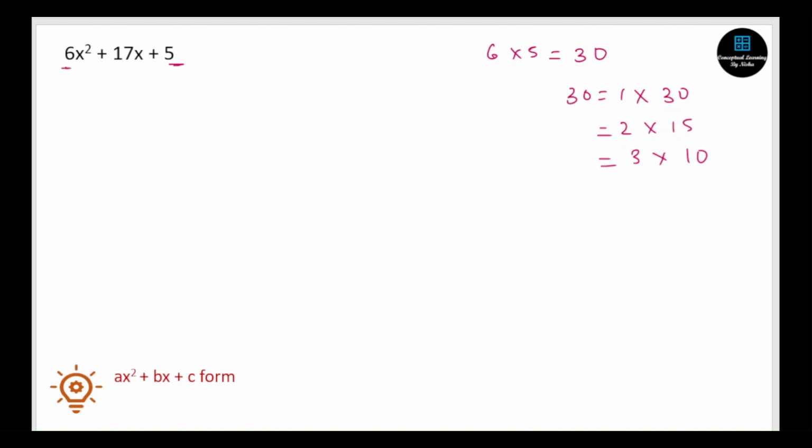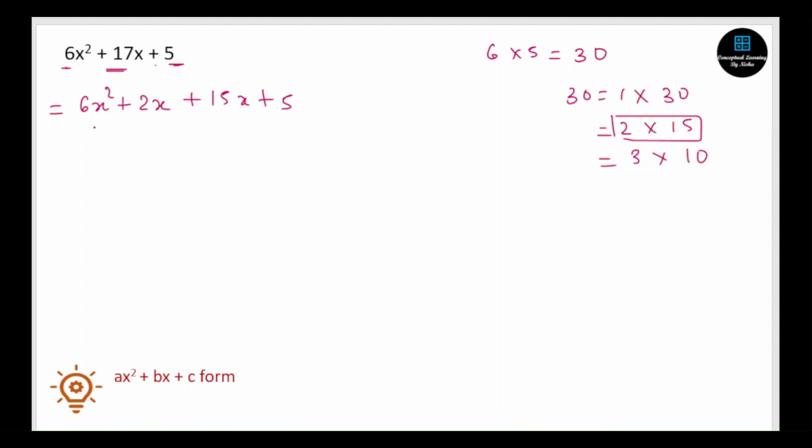I have to think of two factors so that I get the sum as 17, because this is positive, right? So I'll write this as 6x square plus 2x plus 15x plus 5.